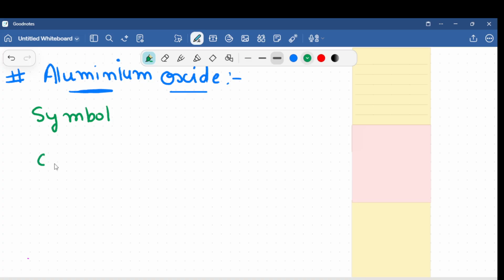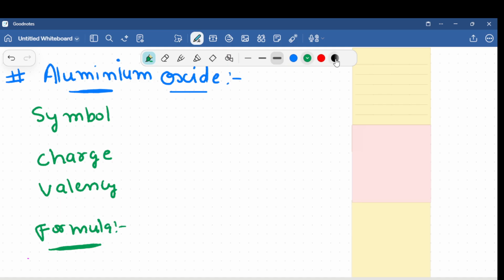After that charge, after that valency, and then finally formula. So the symbol for aluminium is Al and symbol for oxygen is O, right? We will see what is the valency of aluminium. So aluminium atomic number 13.